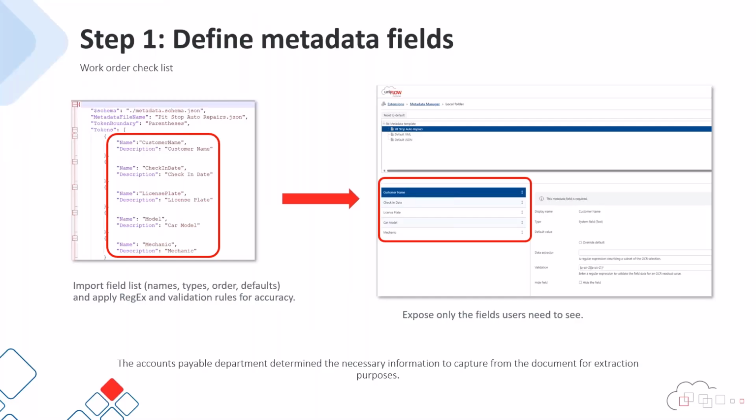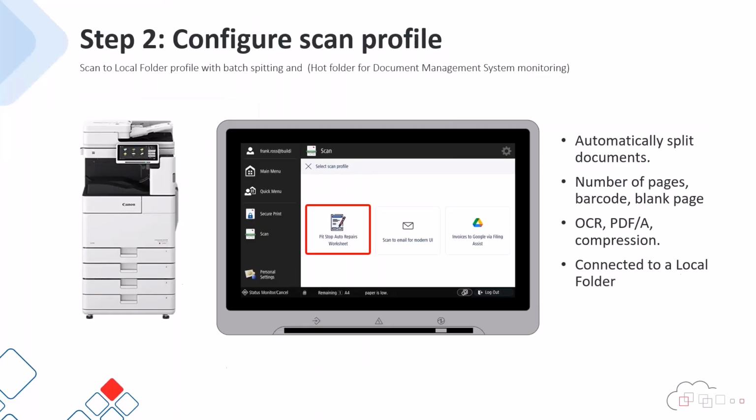So with this, let's configure the scan profile, which is a part of the process. The next step was for IT to create the local folder scan profile to handle batch splitting using blank sheets in this particular case. The options offered are split by page count or barcode, as well as blank sheets.